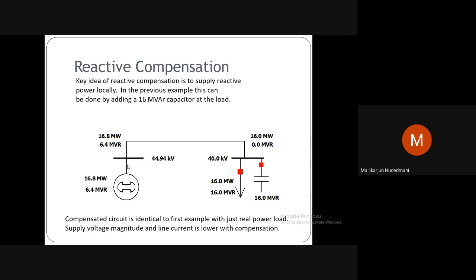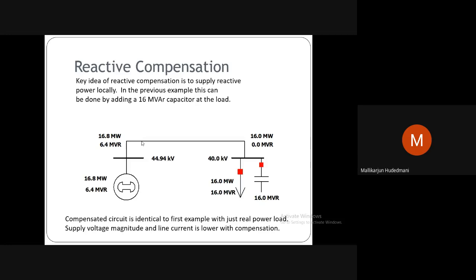You can see the power transmitted from the generator to the receiving end bus for a certain load of 16 MW and 16 MVAR. You can see 16.8 MW, 6.4 MVAR. It is pumping a very nominal reactive power. The 16.8 megawatt active power pumped via this transmission line reaches this bus as 16.